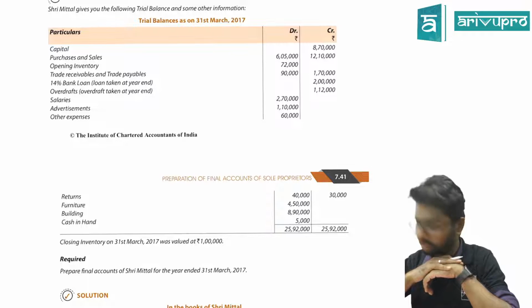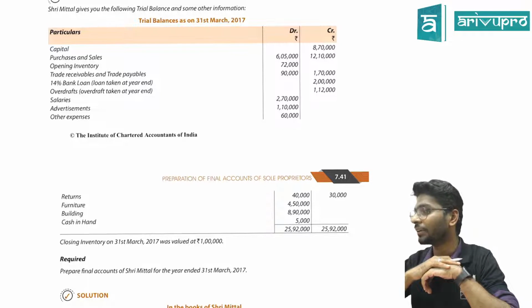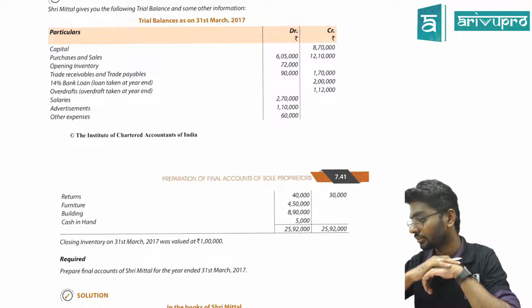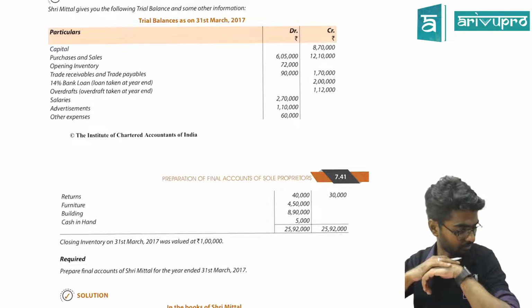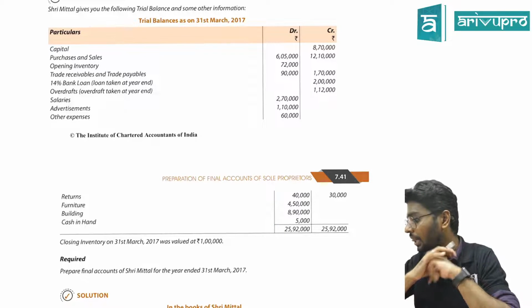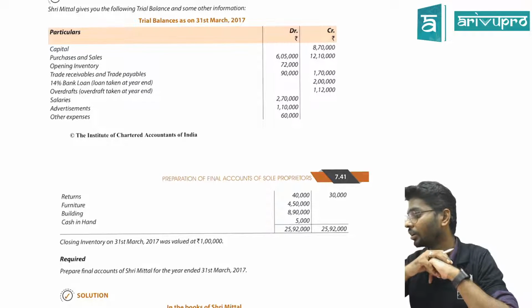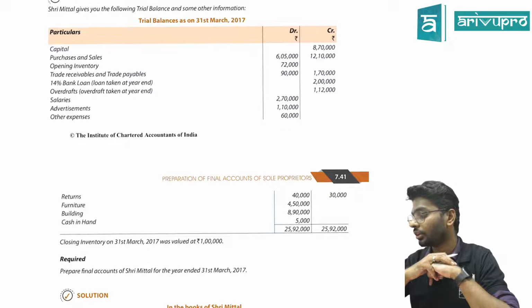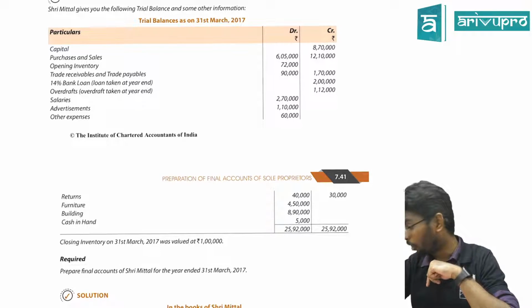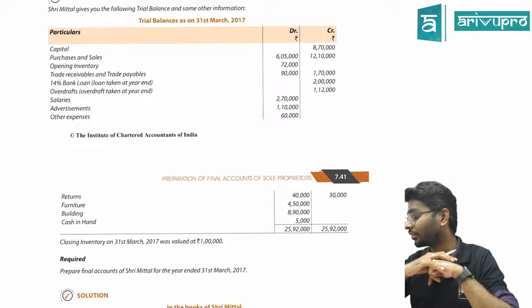Are you clear? What's the format? Particulars, amount, particulars, amount, towards the right hand side. On the amount top, write down debit and credit.